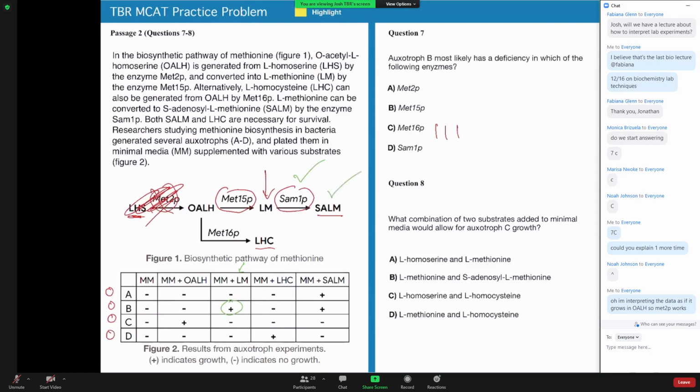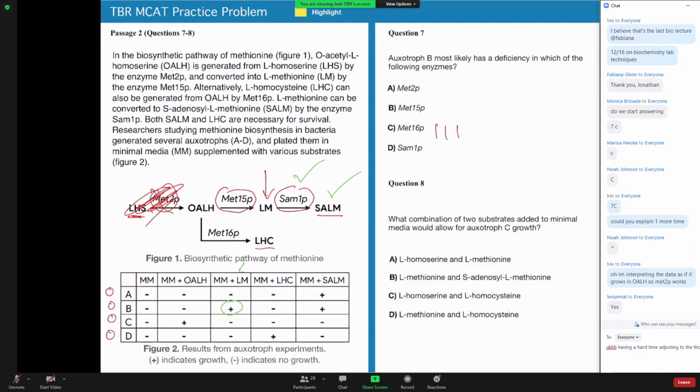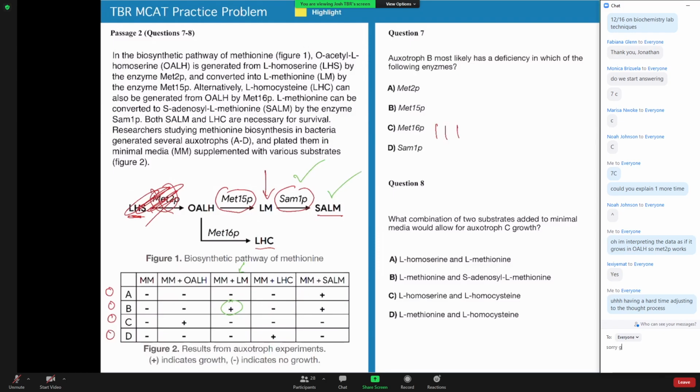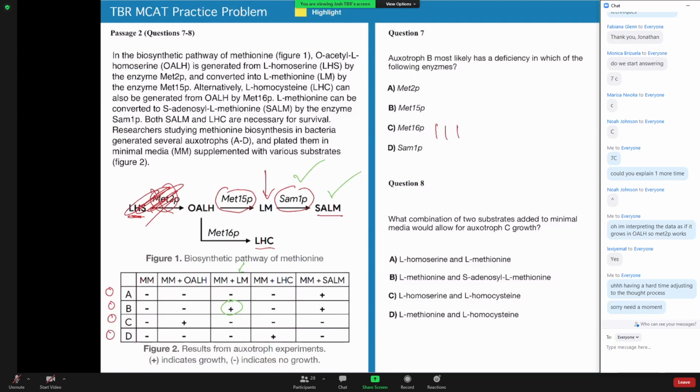So this must be produced. Okay. Does that make sense? Oh, and right here, right? What is it you said? I'm also interpreting the data as if it grows OHS, so MET2P works.